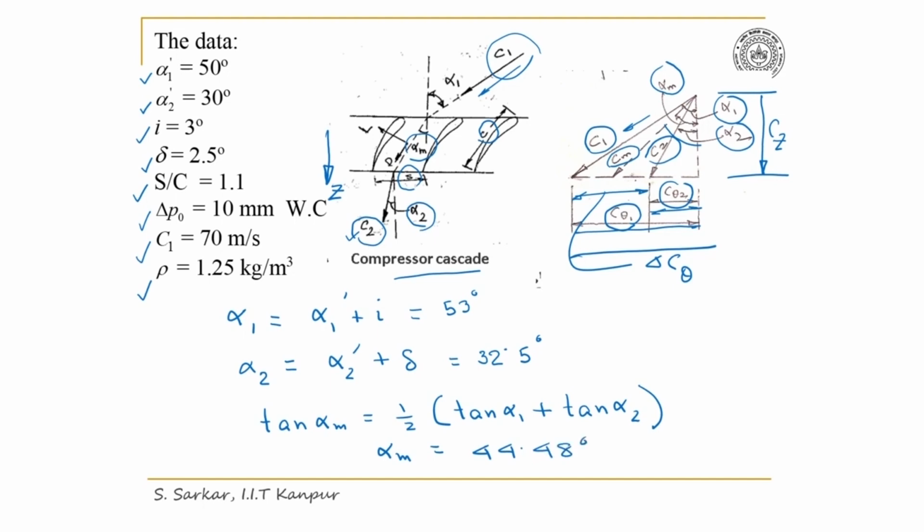After evaluating alpha m, I'll now calculate the value of drag. Now, the expression of D is equal to del P0 S into cos alpha m. That is, del P0 is the pressure loss, S is the pitch, into cos alpha m.